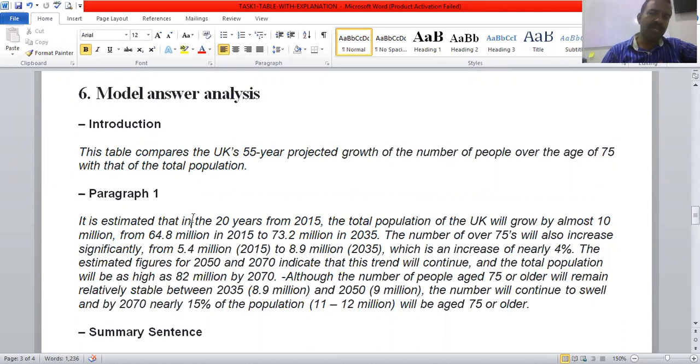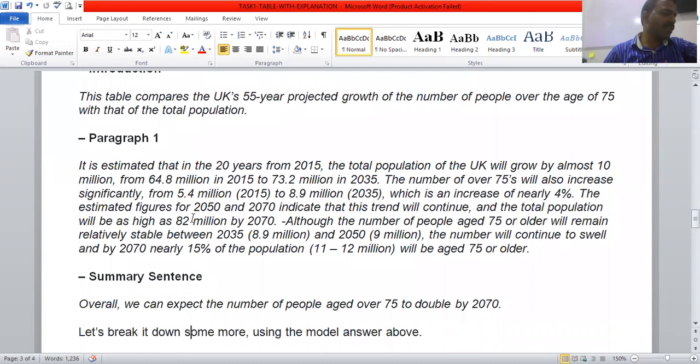Then paragraph 1. It is estimated that in the 20 years from 2015, the total population of the UK will grow by almost 10 million from 64.8 million in 2015 to 73.2 million in 2035, which means an increase.